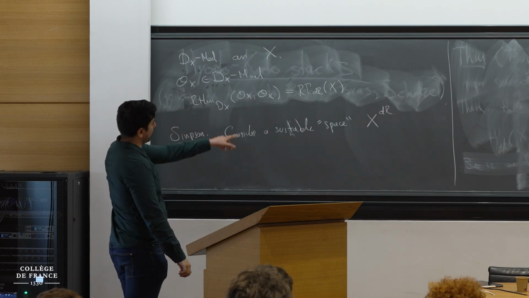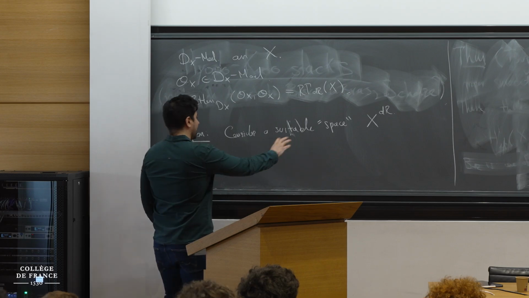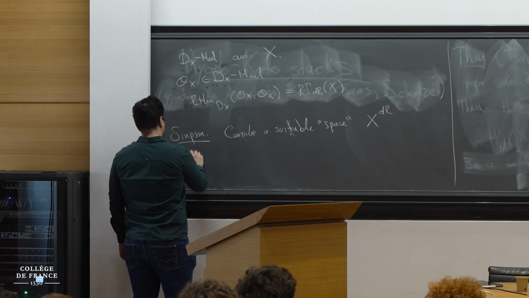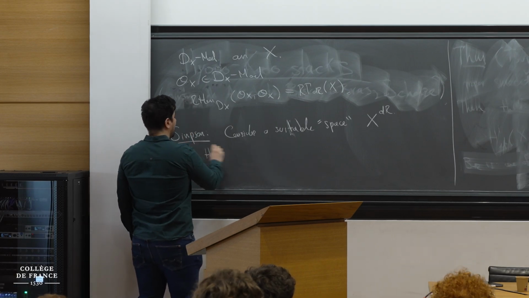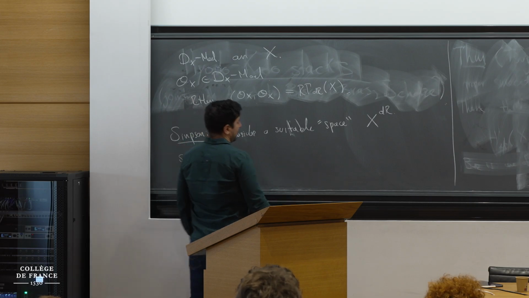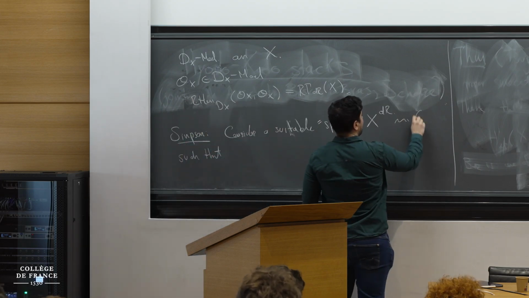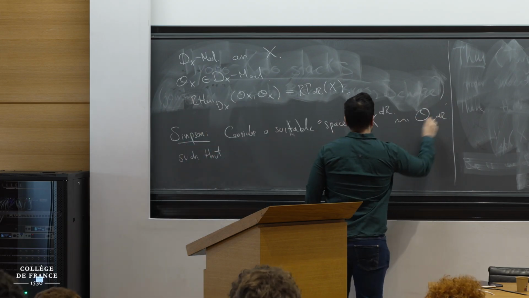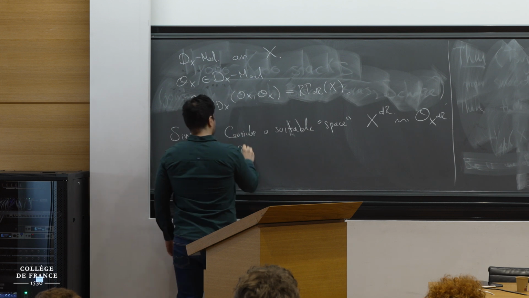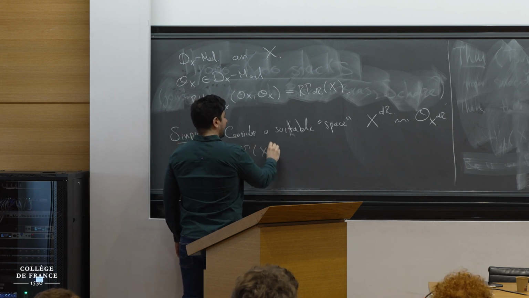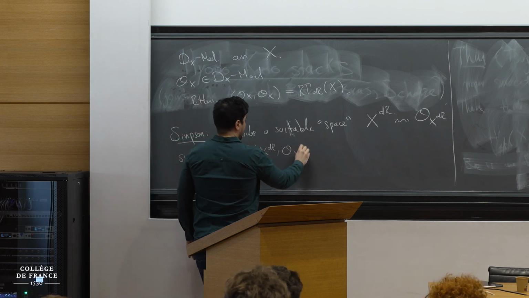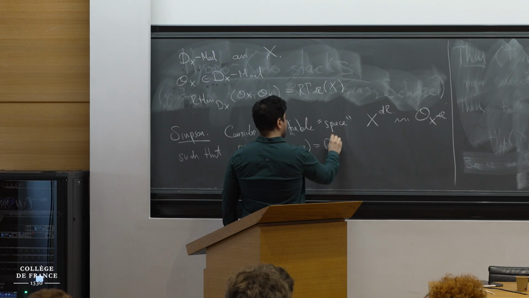Of course, I'm going to say in one second what space means, but such that this space ought to have some kind of structure sheaf. And if you take the cohomology of the structure sheaf, you should actually just get the de Rham cohomology.